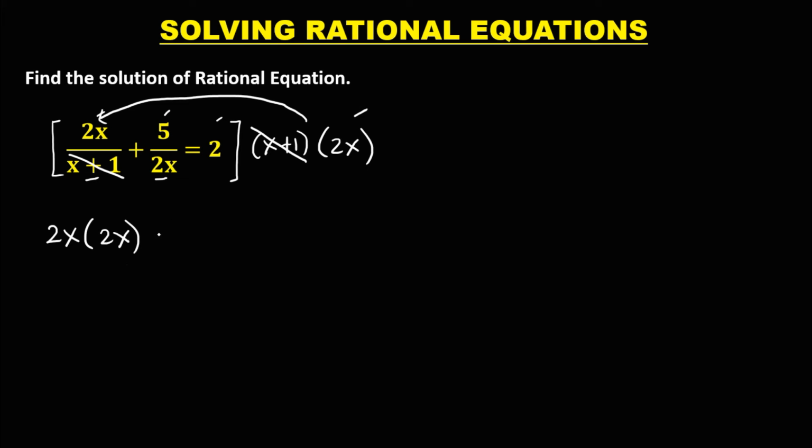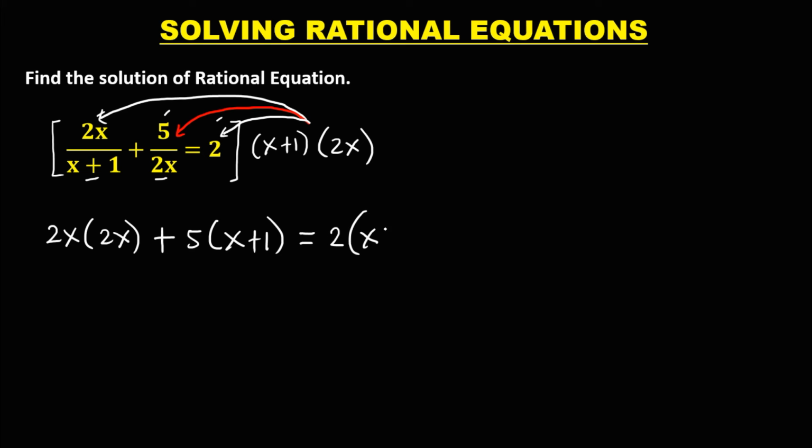2x, then plus distribute to this term, so cancel 2x and cancel 2x. So the remaining is 5 times this x plus 1, then equals, distribute to this term, so this becomes 2 times x plus 1 times 2x.